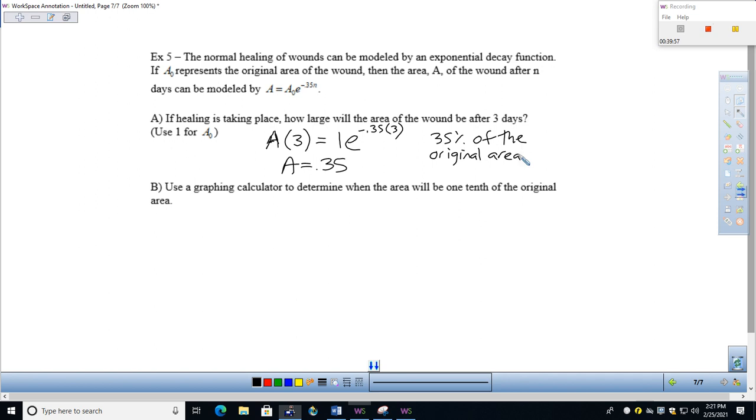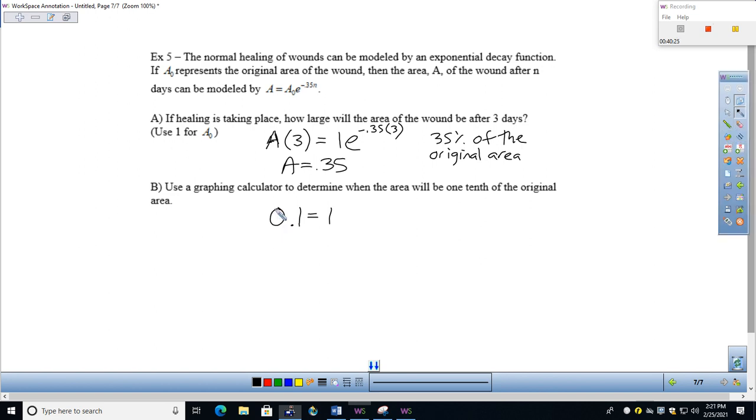And lastly, letter B, use a graphing calculator to determine when the area will be 1/10 of the original area. So in this case, everybody, I'm giving you an output, you're coming up with the input. So we are going to be solving something like this algebraically. Let me write it as 0.1.